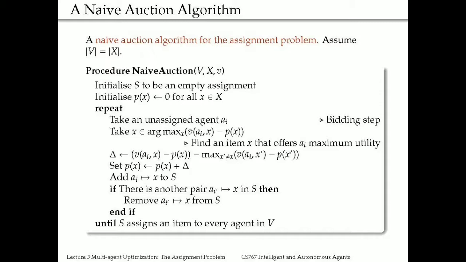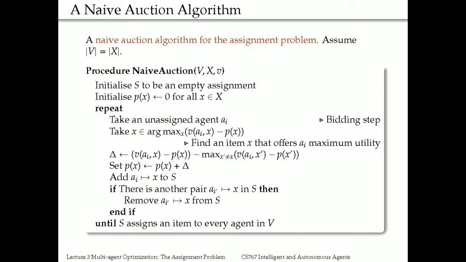The algorithm, which I call a naive auction, functions as follows. We initialize S to be an empty assignment, so no one has been assigned yet, and then we initialize a vector for price. For every item, I initialize a 0 price, and then I go into this loop, and each repeat of the loop is a round of bidding.